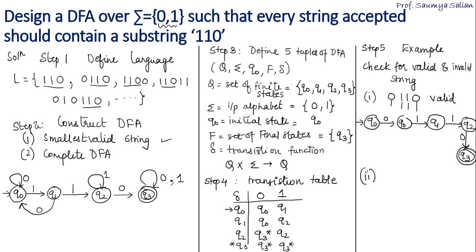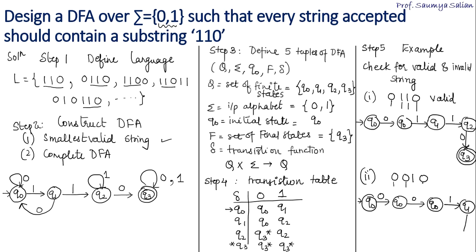Next, we'll check for an invalid pattern. That is, let's suppose I have 0, 0, 1, 0. Right? So let's start. Q0 on input 0 goes where? Q0 state. Next input is 0. Q0 on 0 goes to Q0. Next input is 1. Q0 on 1 goes to Q1.